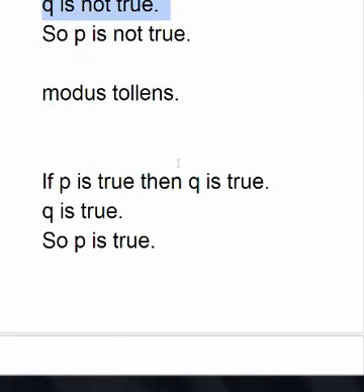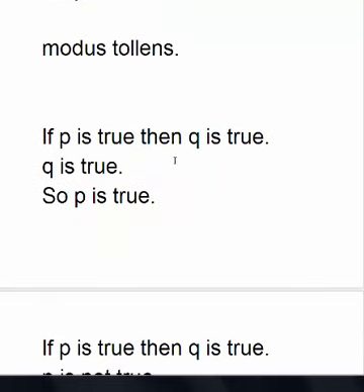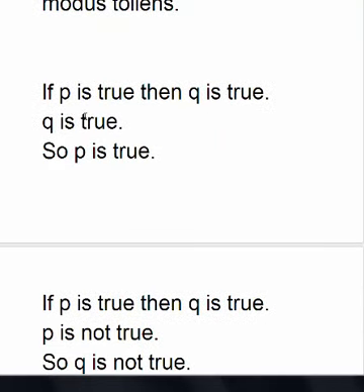It's important to learn the classic fallacies that also are involved in a hypothetical syllogism. Here's our hypothetical statement. If P is true, then Q is true. Well, Q is true, so P is true. That is a fallacy. It's called the fallacy of affirming the consequent. Now, why is this a fallacy? Well, think about it.